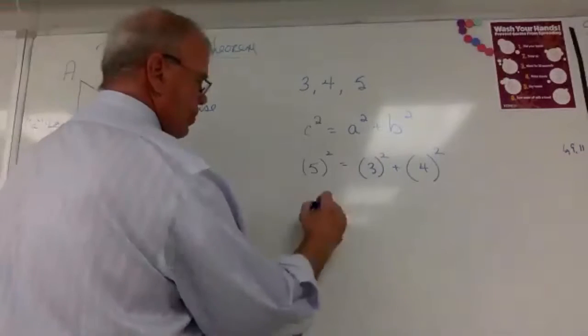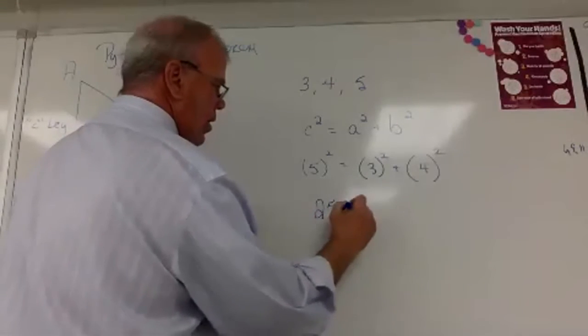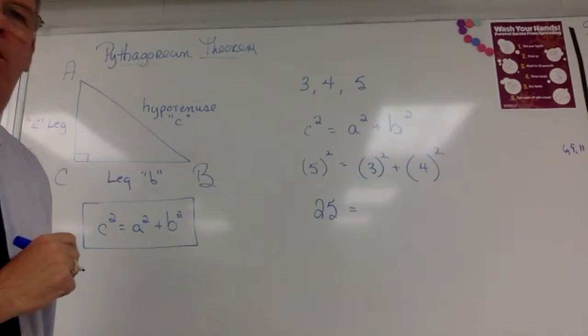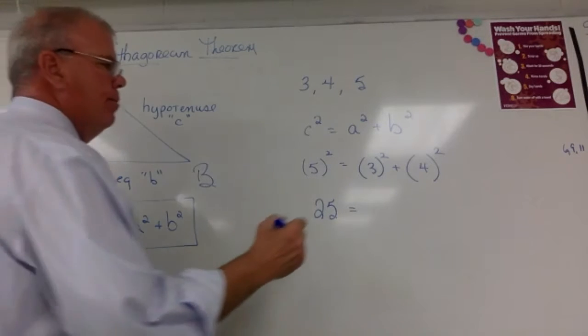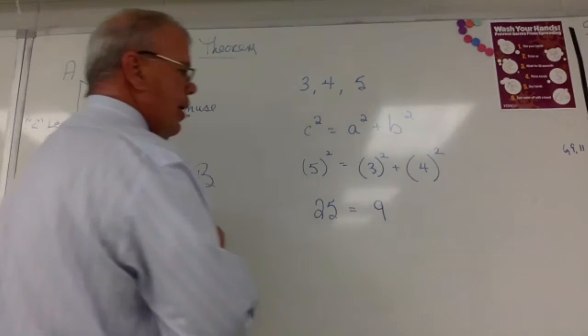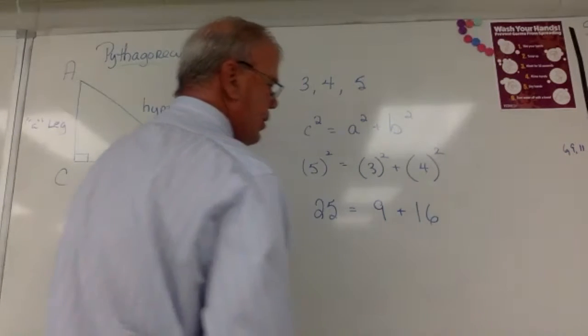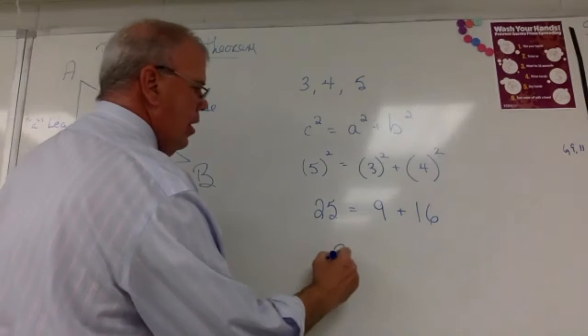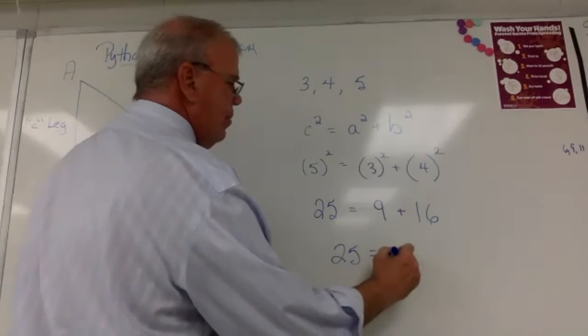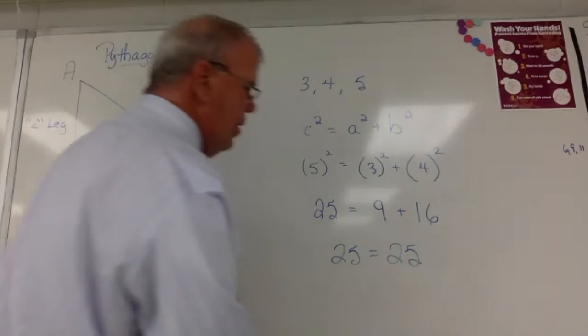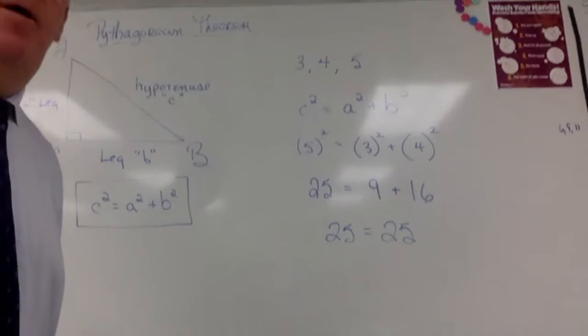What's 5 squared? 25, right? What's 3 squared? 9. What's 4 squared? 16. What's 9 plus 16? 25.